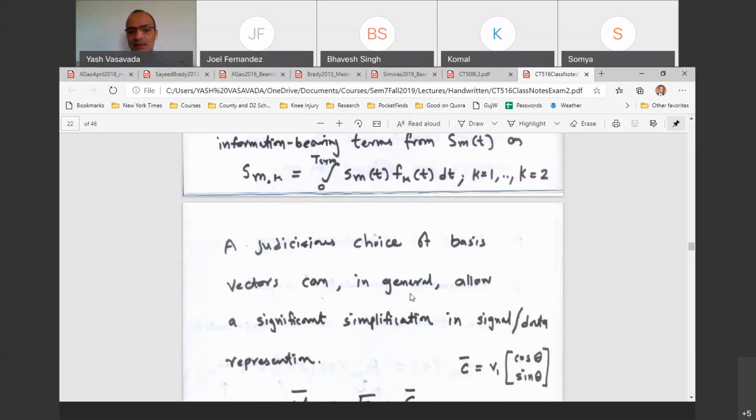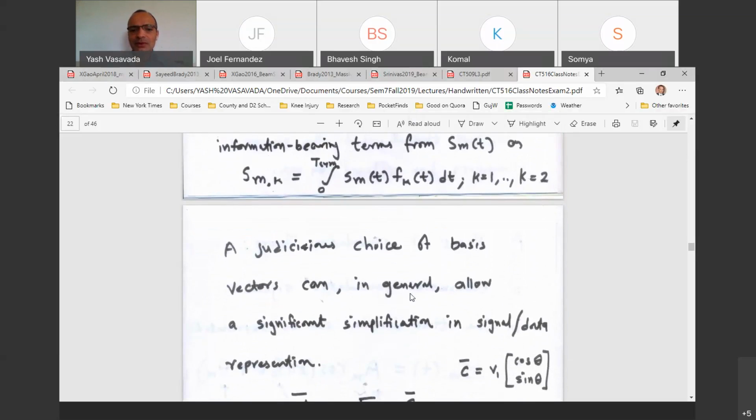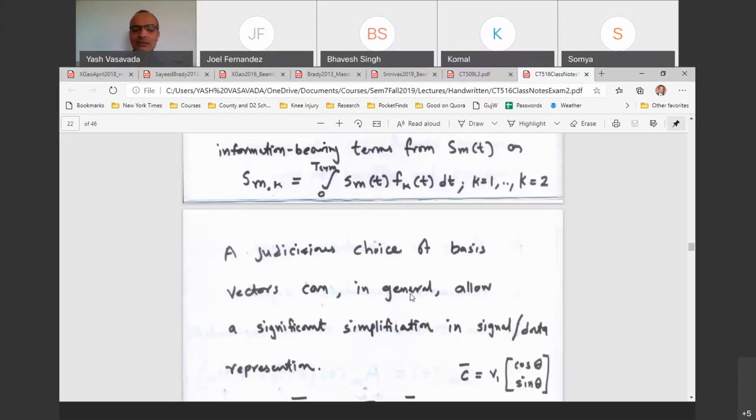But then what we said is that this same type of basis function formulation can allow us, in general, a significant reduction in the signal representation. There we said that let us say we have some vector C. It's a two-dimensional vector, oriented at some angle theta with respect to the x-axis, and it has some magnitude v1.